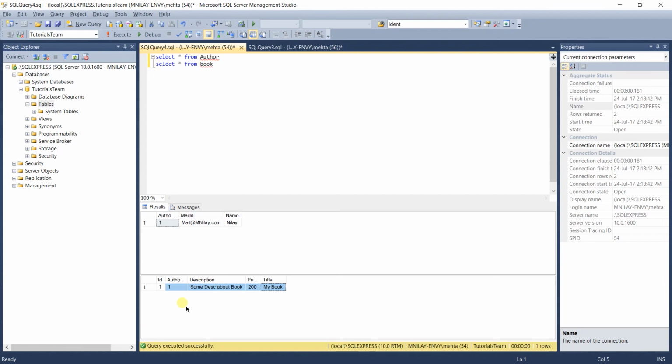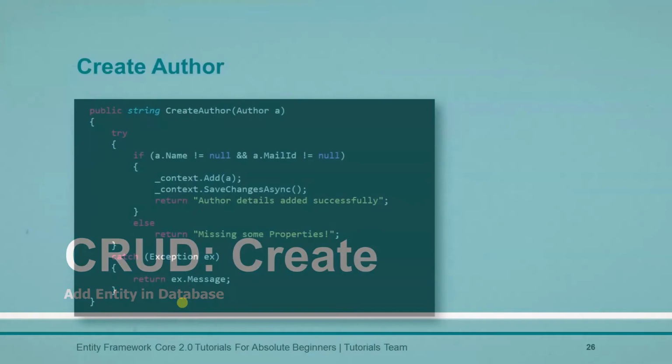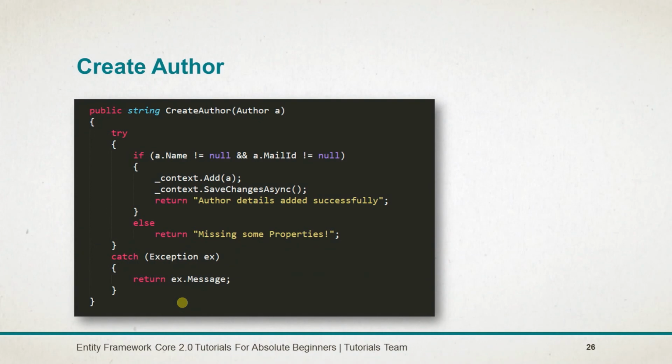Let's see what we learned in this session. First, we created the method for the author, in which we added the instance directly to the context and called the SaveChangesAsync method of the context, which will save those changes to the database. Note that when we call the Add method, it will not immediately add the data into the database.